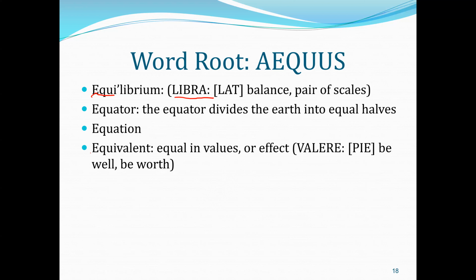The first part is equ, meaning equal. Then valent comes from the Proto-Indo-European root, valere, meaning be well or be worth. So equal worth means equal in value or effect.